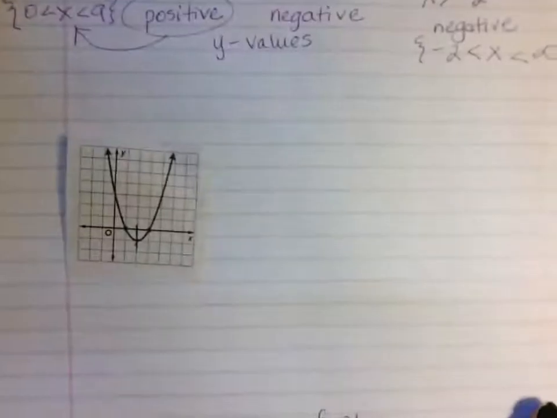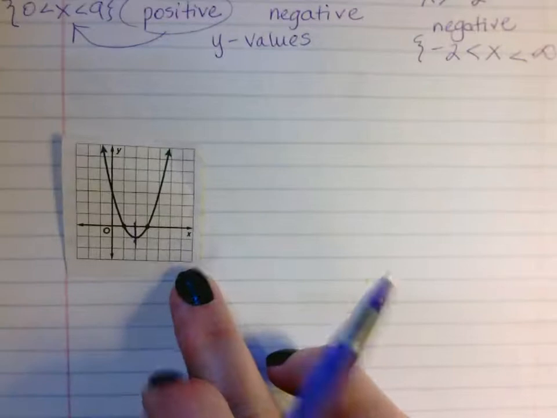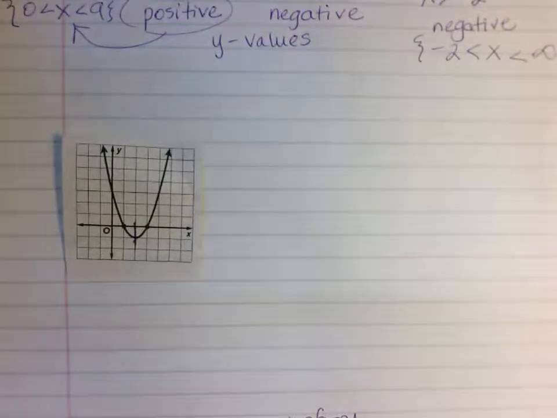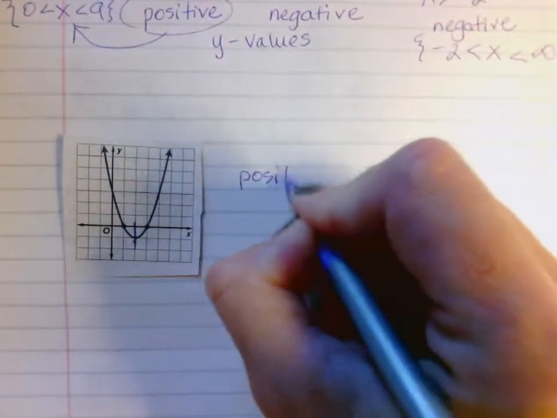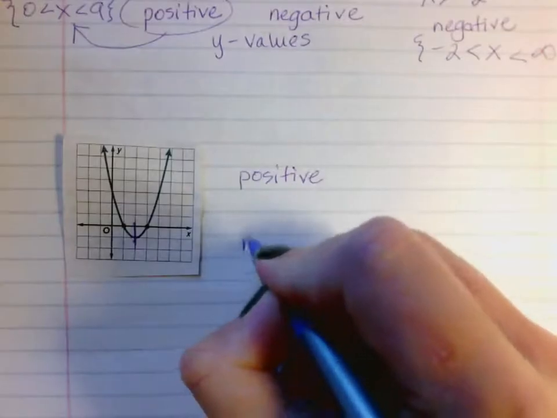We can look at another example. Let's look at this graph. Is the function positive? And if so, where? Is the function negative?